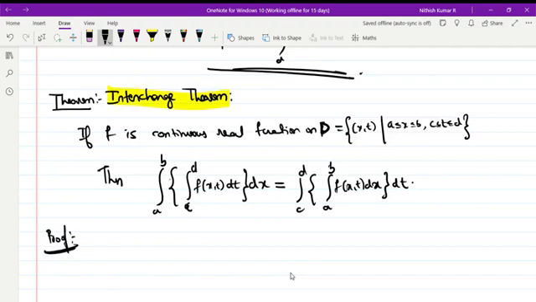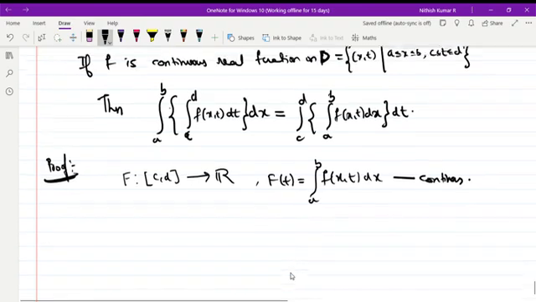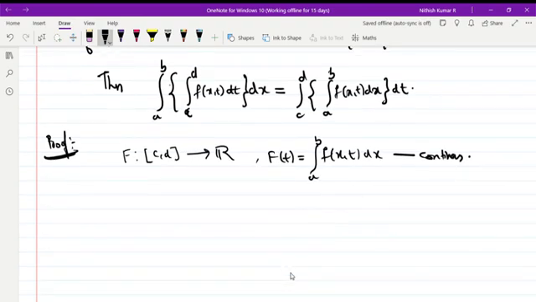Given that f from D to R is continuous, it follows by our previous discussion that the function capital F defined on the closed interval c comma d, with capital F of t equal to integration a to b f of x comma t dx, is continuous. Therefore, we know that continuous functions are Riemann integrable.